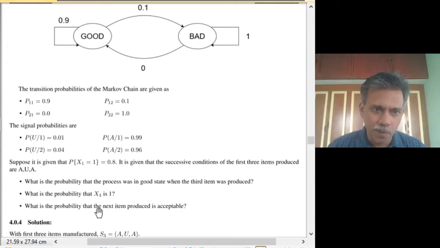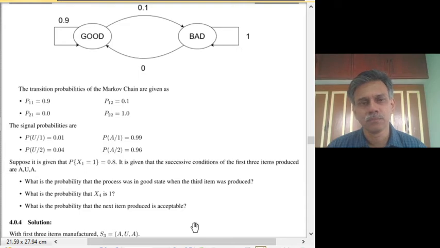Similarly, what is the probability that in the next time unit, the next item being manufactured would be acceptable? These are the ones we will be very interested in. Suppose you are manufacturing some quantities and you get a string of acceptable, unacceptable items coming.